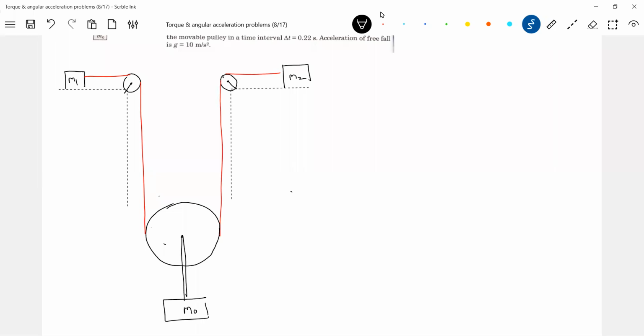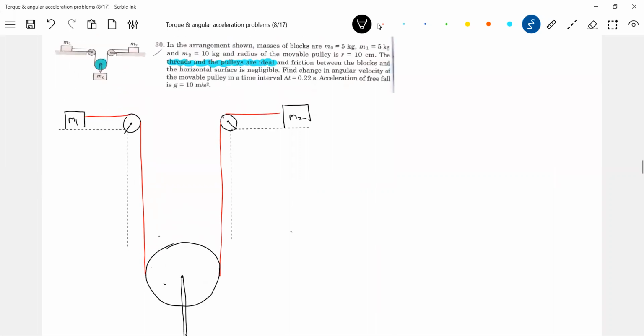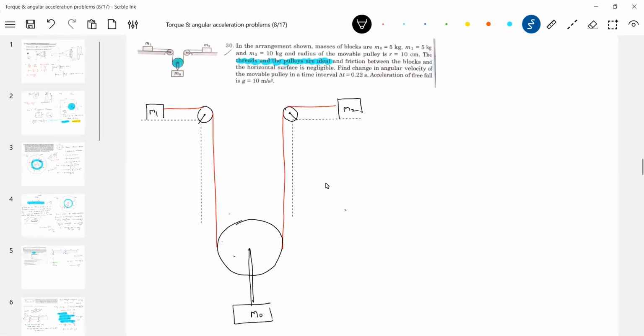Okay, now you see this. This much is what we have here. And this is that movable pulley, no?